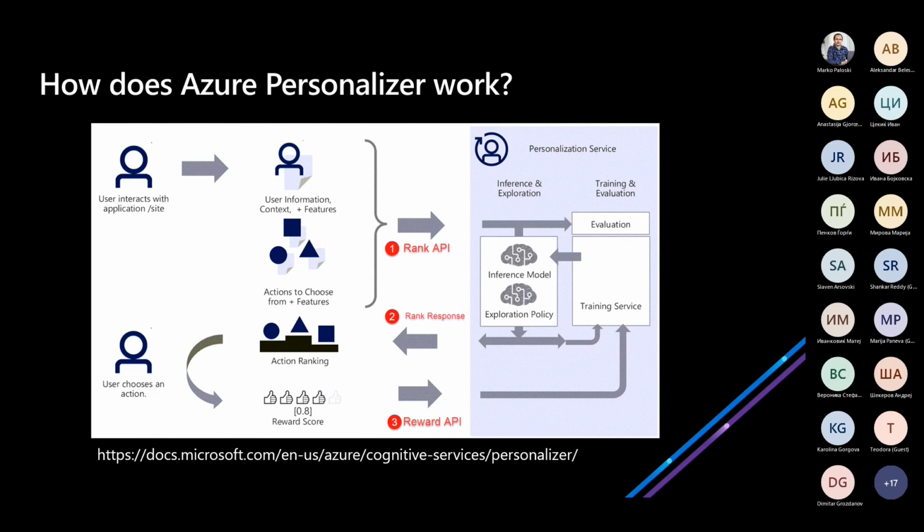And if I click on the news, then it means that the ranking was successful. It was something that I wanted to see. So the reward is high, close to 1. And if I just scroll by, that means that it's not something that I'm interested in, so the reward is 0.